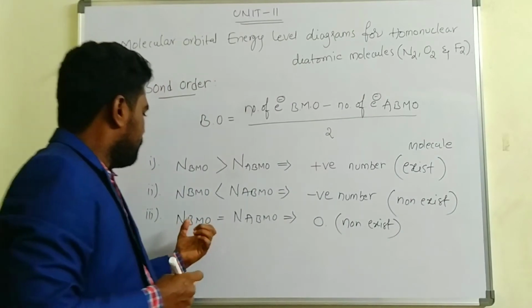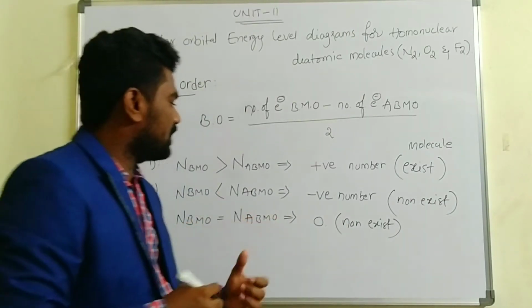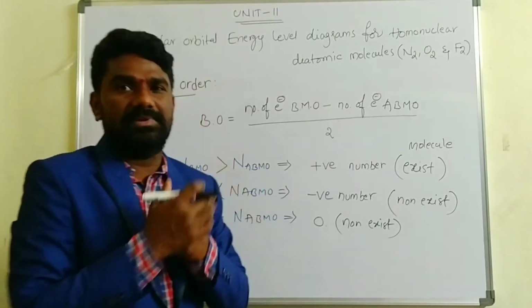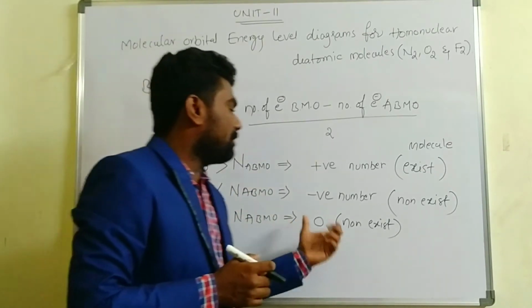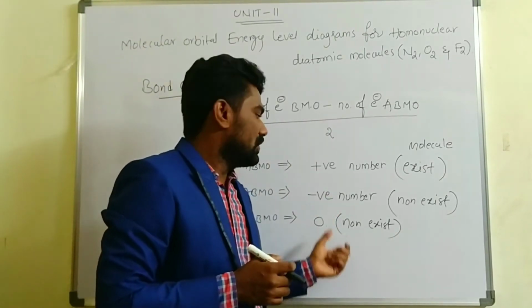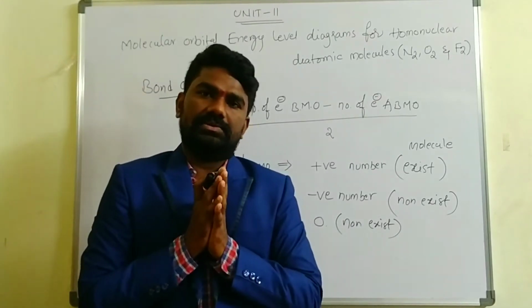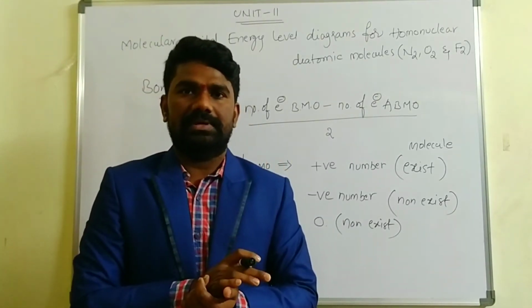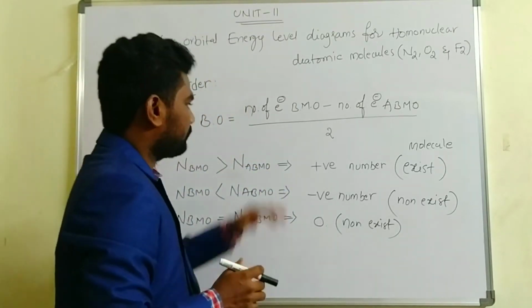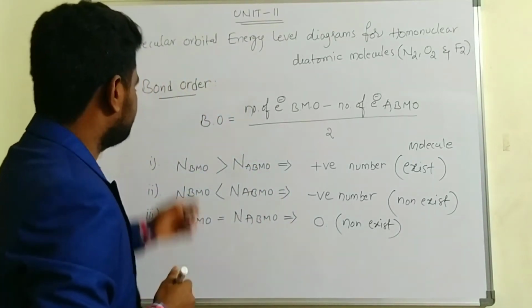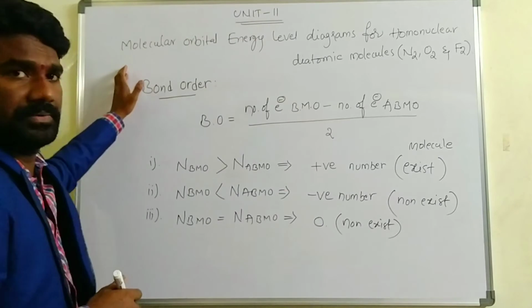If the bonding and anti-bonding molecular orbital electrons are the same in number, the bond order will be 0, so these molecules also cannot exist. Unstable molecules. Okay. Now this is the discussion about the bond order.